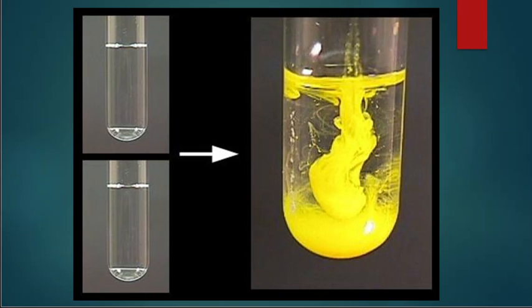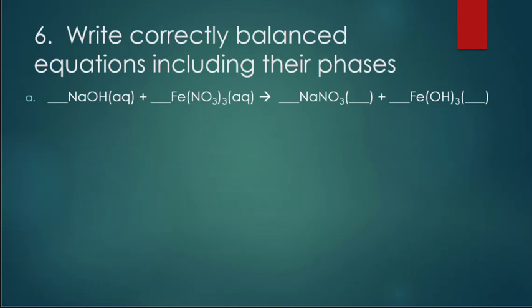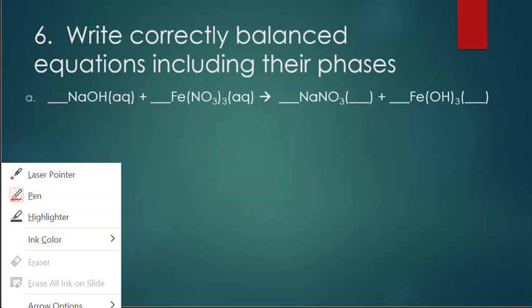A precipitate. Okay, so let's now merge what we've just learned with what we learned yesterday. Here we go. First of all, let's balance it, and then let's determine whether a precipitate, a solid, is formed. Kayla, here we go.